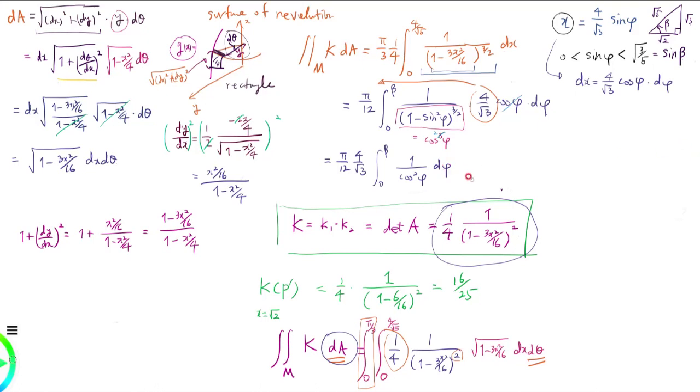And from the famous equation, square of cosine plus square of sine equals 1.